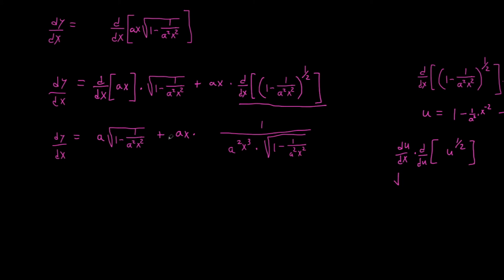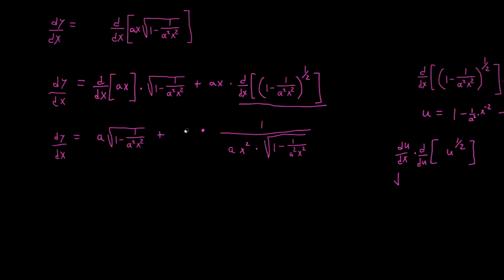And it looks like we'll have this a cancel with one of these a's because we're multiplying. Let me make it a little clearer here, this multiplication sign. And one of these x's will cancel with one of these x's. So we're left with a times x squared in the denominator here.